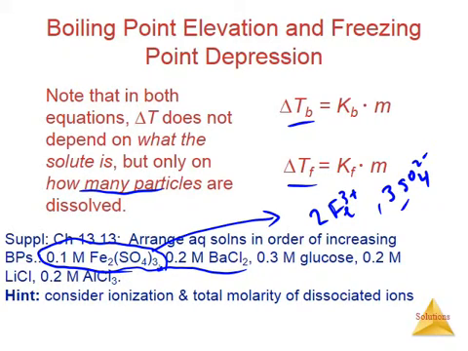So altogether there are 5 particles. So even though we had 0.1 molar of ferric sulfate, that 0.1 is now multiplied by 5 because it's no longer 1 unit in solution. So it acts like a 0.5 molar solution.